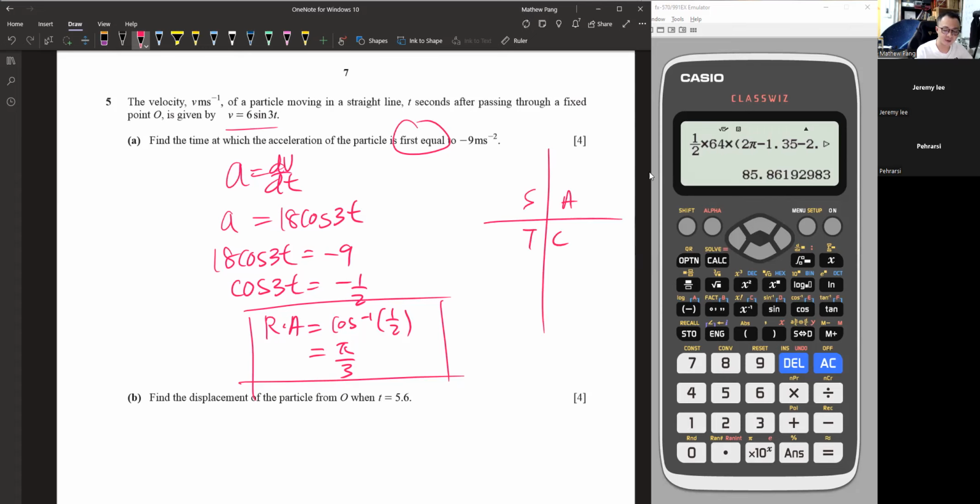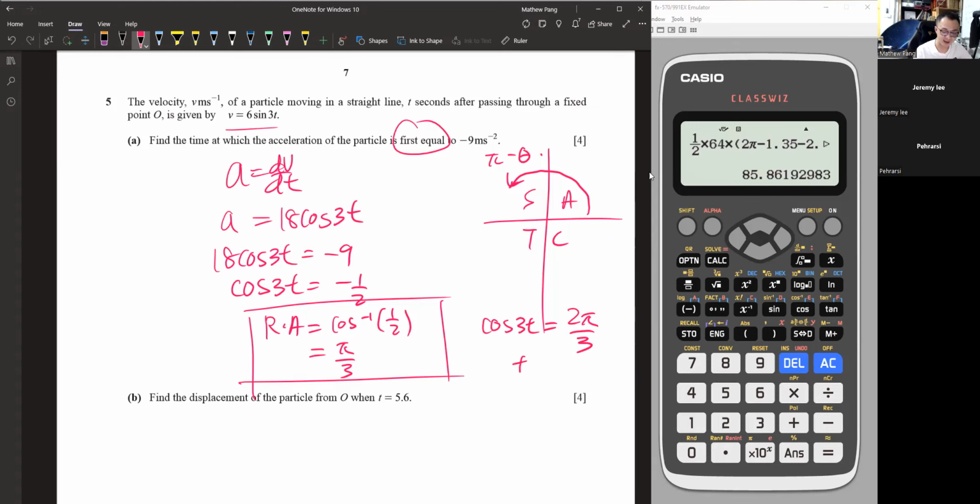Rotate from here, the first time cos will be negative is the second quadrant. Second quadrant is pi minus theta. So 3t is pi minus pi/3, which is 2pi/3. So t is 2pi over 9.